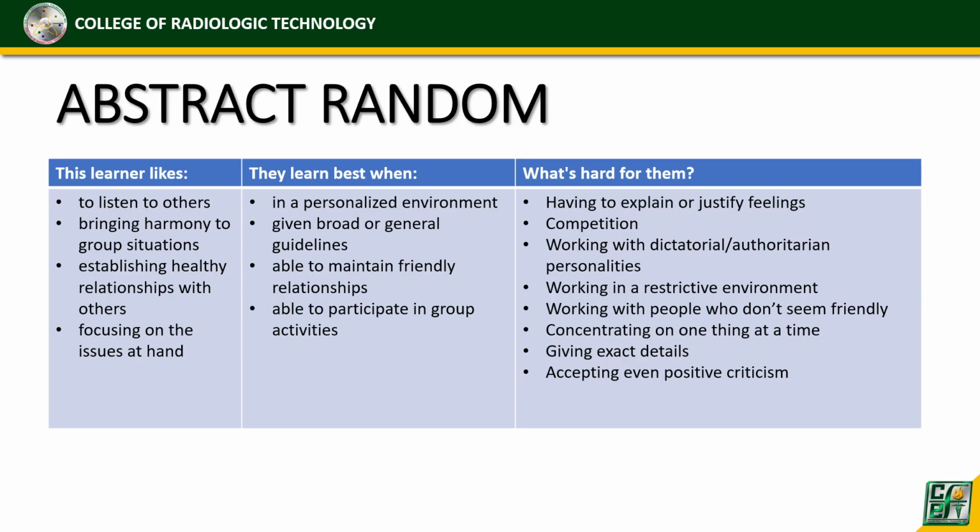Working with people who don't seem to be friendly. Then concentrating at one thing at a time. Giving exact details, accepting even positive criticism. So yan yung mga bagay na mahirap para sa abstract random learners.